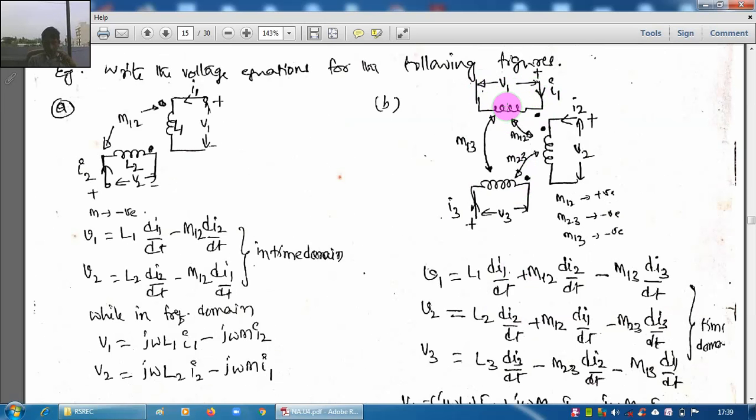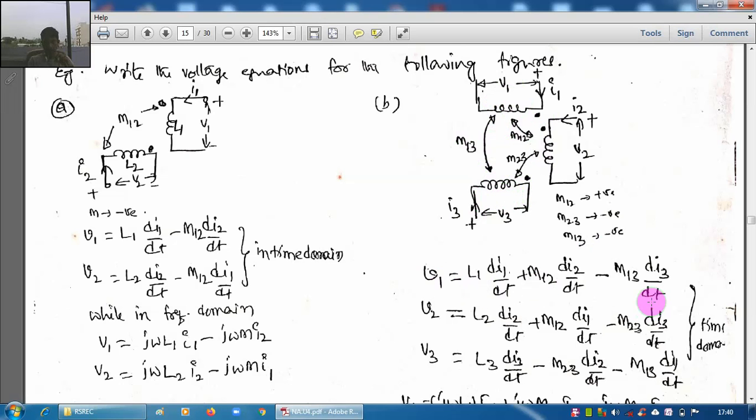Here there will be one self EMF and one mutual EMF due to this coil, that is M12, and as this coil is also linked to this, another mutual EMF due to this coil, that is M13. So in this coil there will be 3 EMFs: one self EMF, one mutual EMF due to the second coil, another mutual EMF due to the third coil.